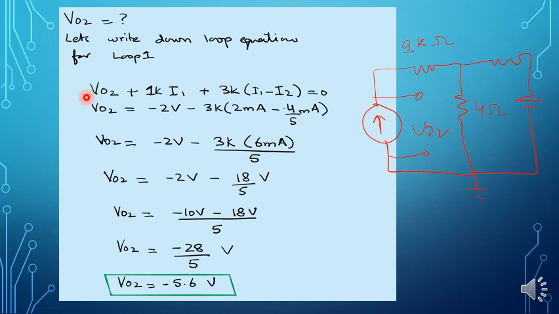So I am writing V out 2 plus 1k into I1 plus 3k into I1 minus I2 is equal to 0. This is my equation. Now after simplification, as I already know the value of I1 and similarly the value of I2, after putting all these values in this equation, the final result for V out 2 I get is minus 28 by 5, which is equal to minus 5.6 volts, right?